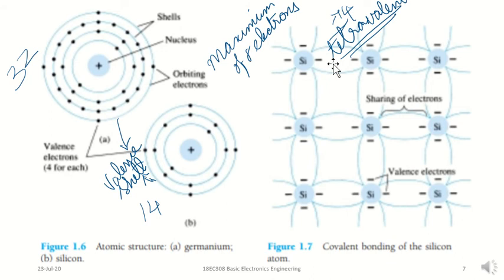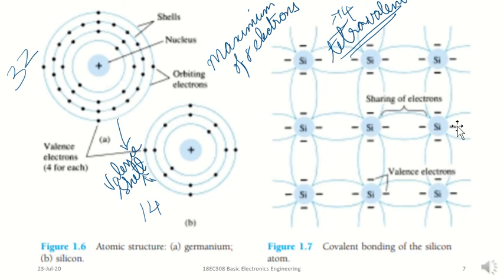Understand that in pure or intrinsic form, its conductivity is very poor. It is an insulator. But externally, when I give some energy, what are the forms of energy? Energy can be in the form of temperature, light, or an external voltage source or current source. It can be of anything, right?